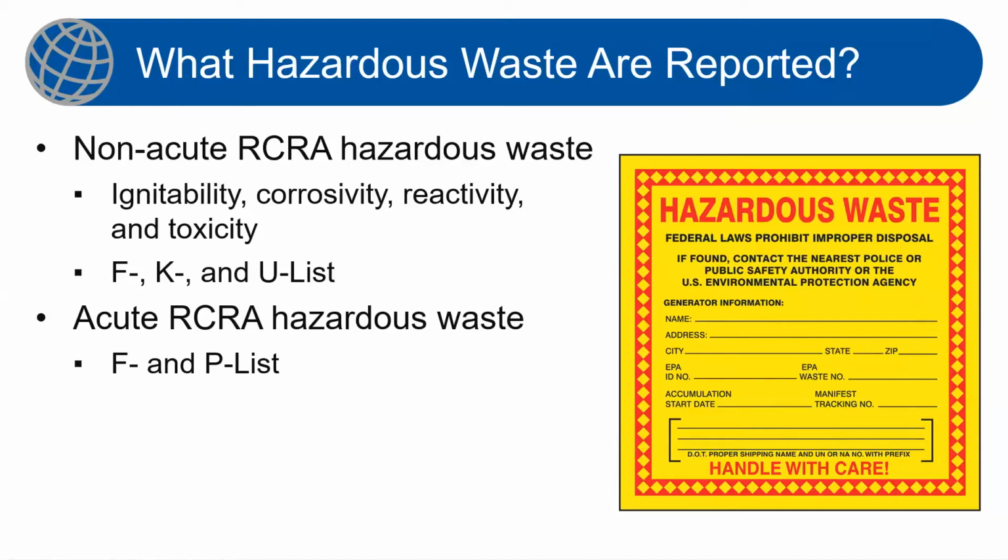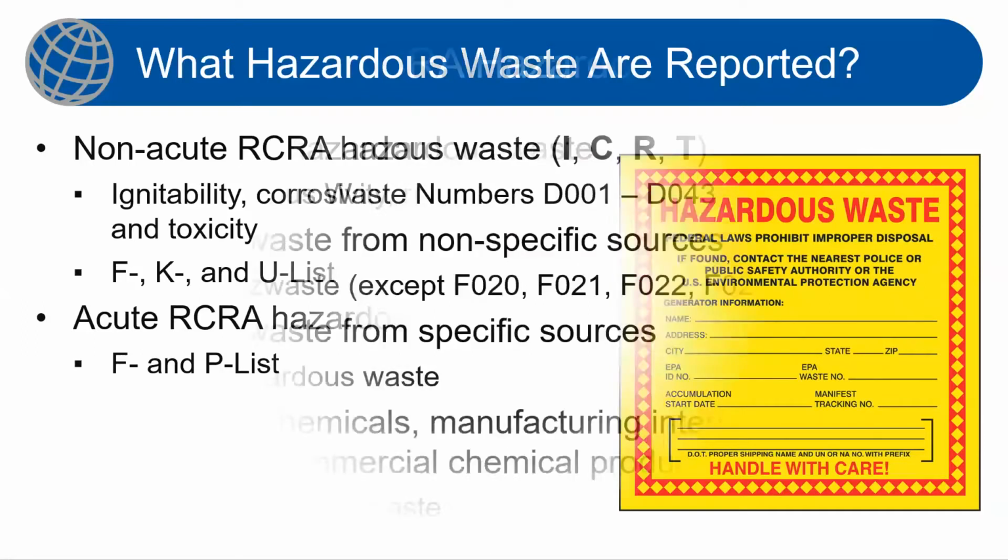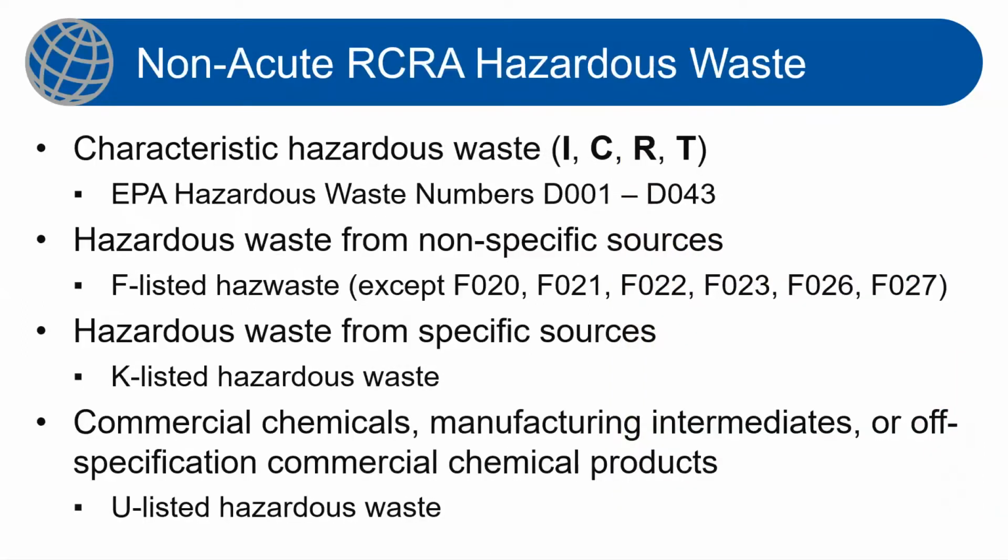It is some of the waste on our F list and any of the waste on our P list. So when we're making that determination, again, whether or not we're a RCRA large quantity generator, it comes down to the quantity of non-acute and acute RCRA hazardous waste generated in any calendar month.